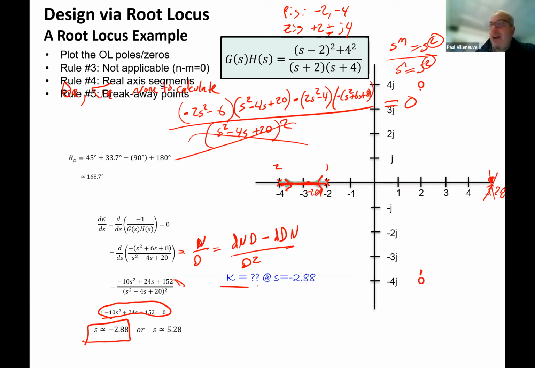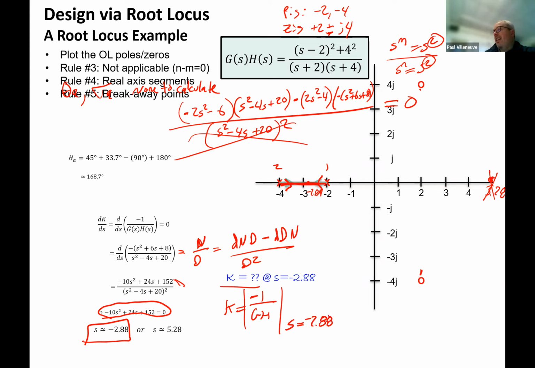Now, how would you solve for K? Anybody know how you'd solve for K? Remember, my value of K is equal to 1 over the magnitude of GH, evaluated at s equals minus 2.88.